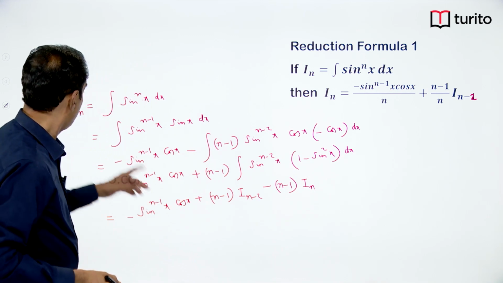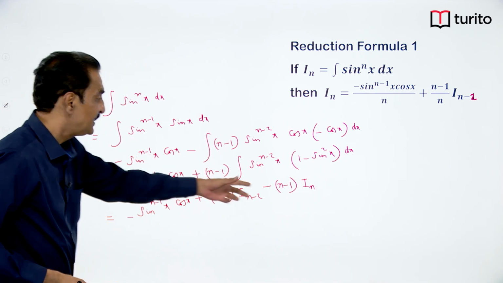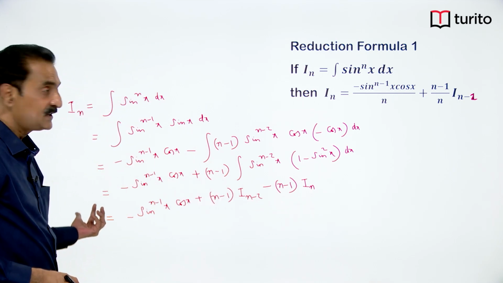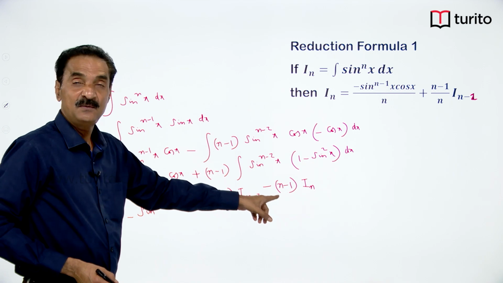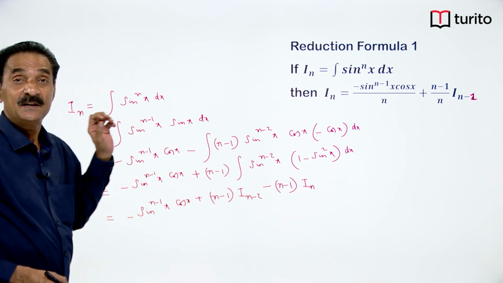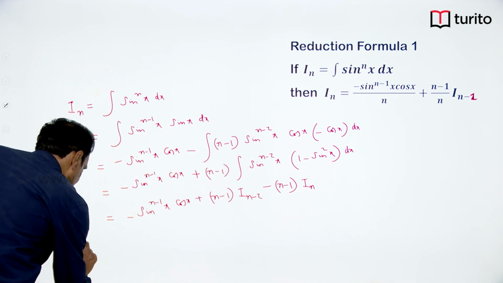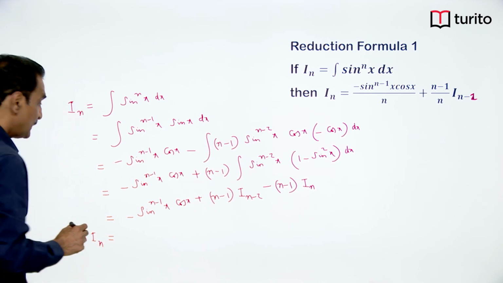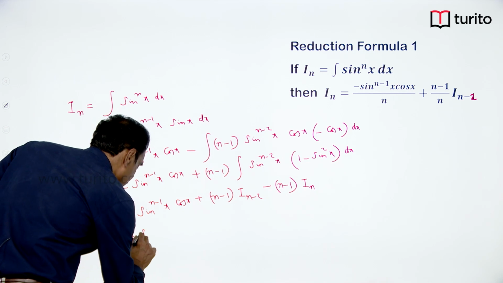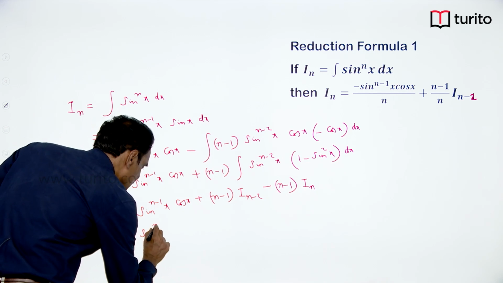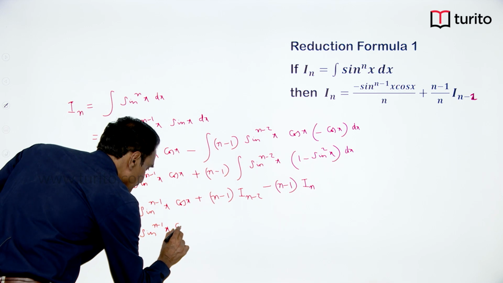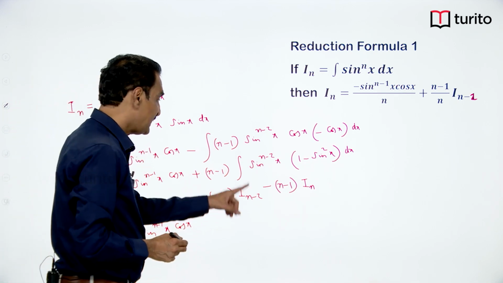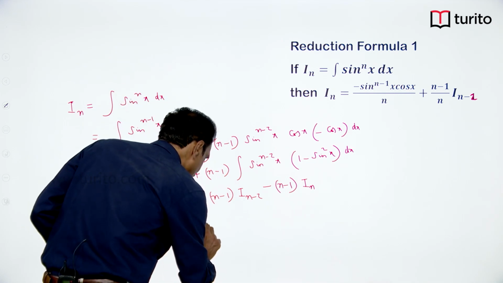Then in the LHS, taking (n-1) In into the left hand side, what will you get? In plus (n-1) In, that will be n In. n In is equal to minus sin^(n-1)x cos x plus (n-1) into In-2.